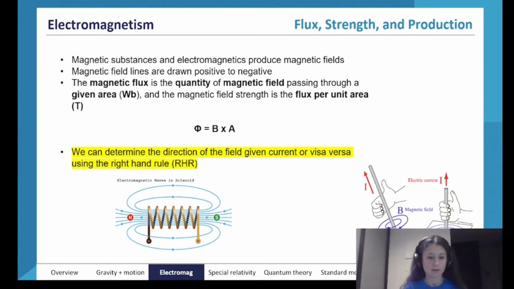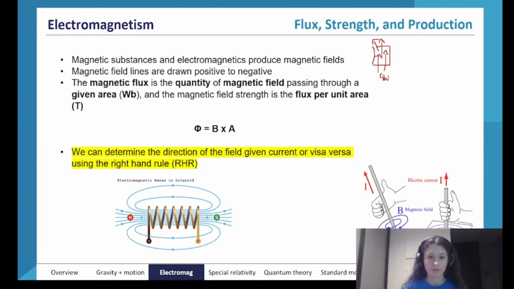So a way to think about this is if you have this square area here, and you have 4 magnetic field lines passing through it, the magnetic flux of this area might be 4, right?